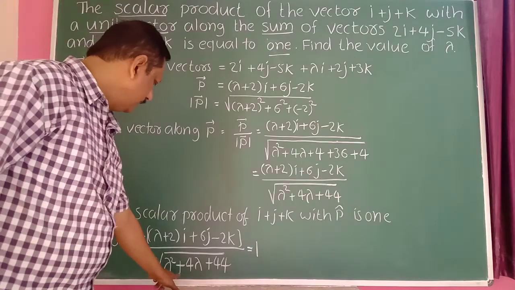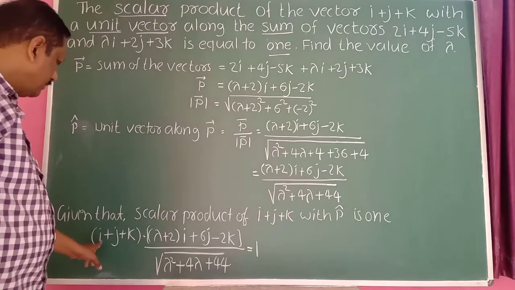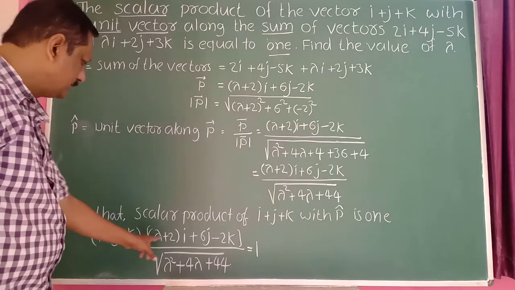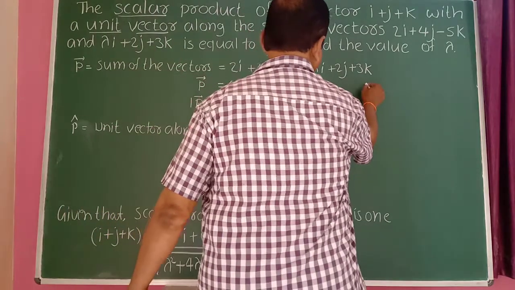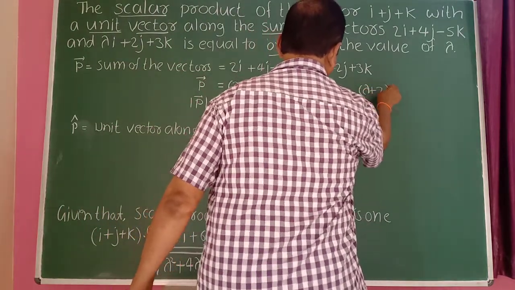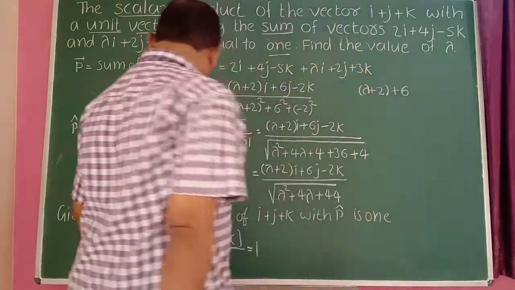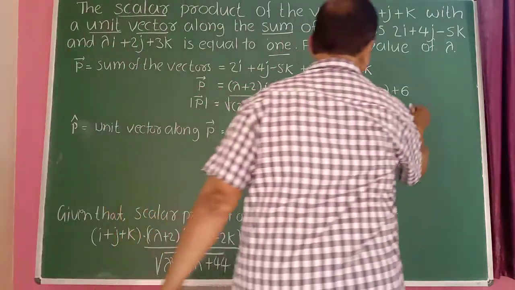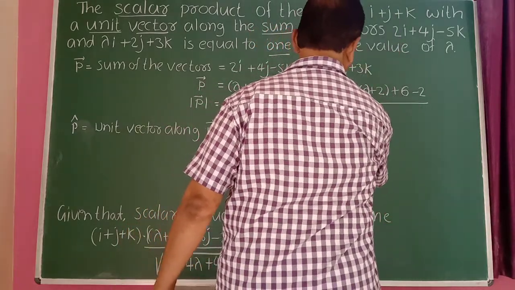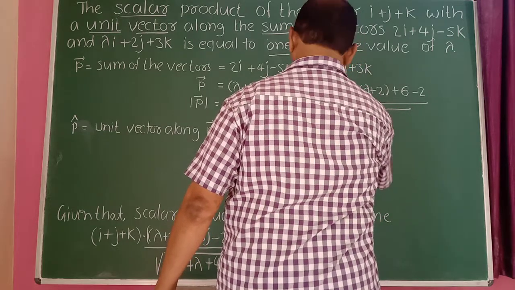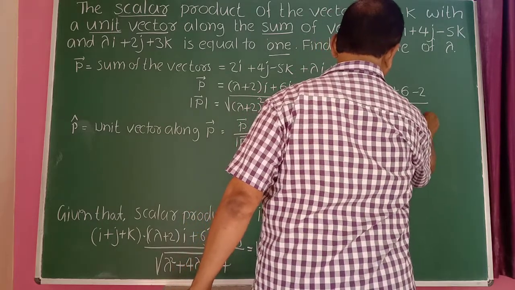Now, it's a dot product of one vector with the other. 1 into lambda plus 2 is lambda plus 2, 1 into 6 becomes plus 6, and 1 into minus 2 becomes minus 2, divided by root of lambda squared plus 4 lambda plus 44, is equal to 1.